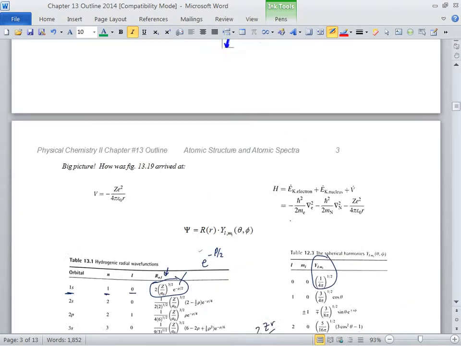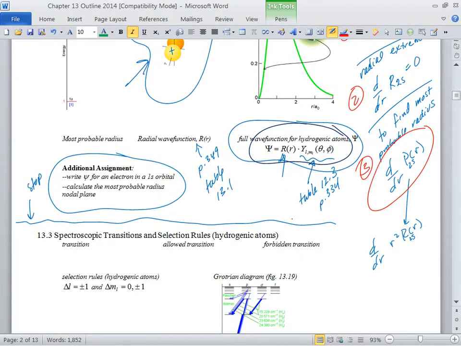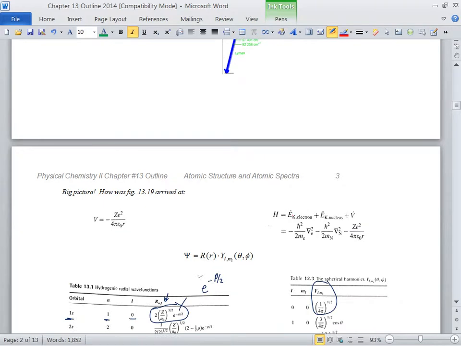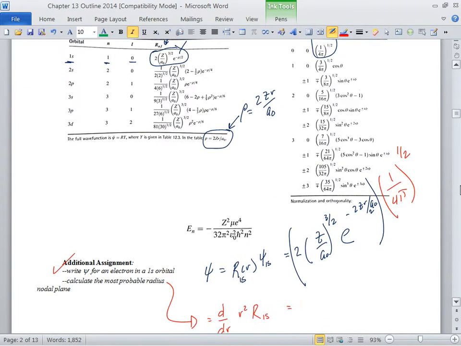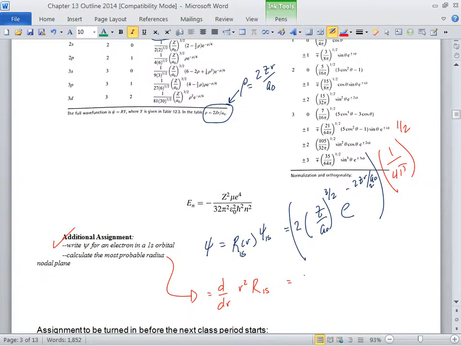Yeah, it has to be set equal to 0, otherwise we're not going to be able to get rid of stuff. I think this guy right here should be this, but set it equal to 0, right? Determine the most probable radius. It's got to be set equal to 0. Oh, I don't see how you do it. So we need to set this equal to 0 and then solve for our r.